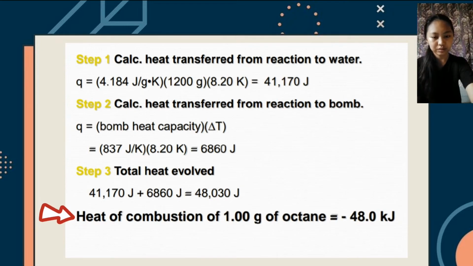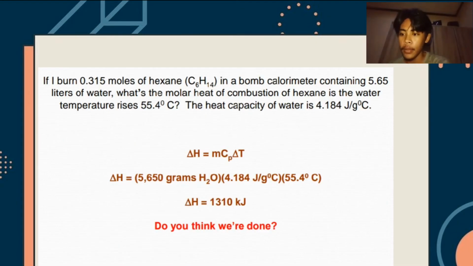If I burn 0.315 moles of hexane, or C6H14, in a bomb calorimeter containing 5.65 liters of water, what's the molar heat of combustion of hexane if the water temperature rises 55.4 degrees Celsius?